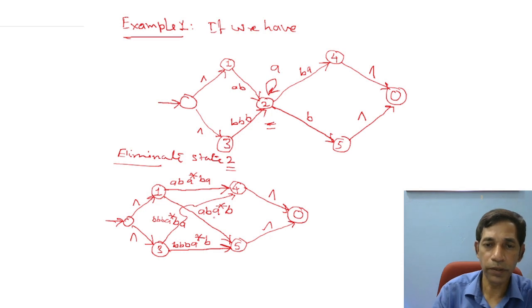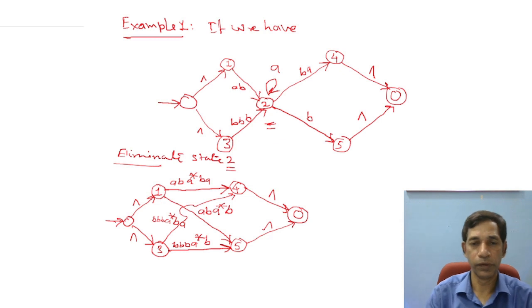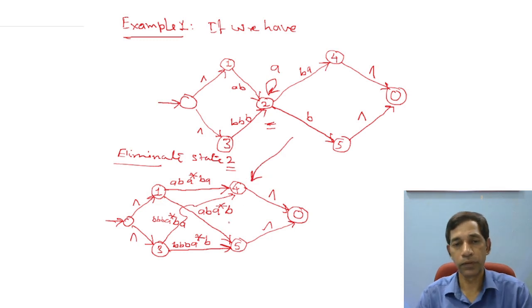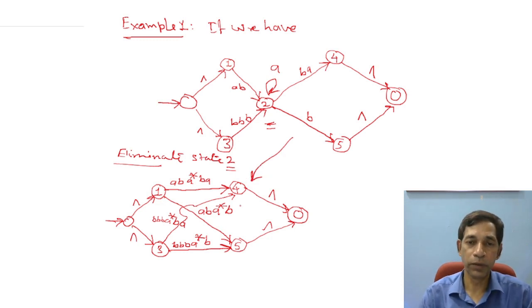In this way you have eliminated state 2. Once you have eliminated state 2, you obtain this situation. The edge goes directly from 1 to 4, and you are also going from 1 to 5.